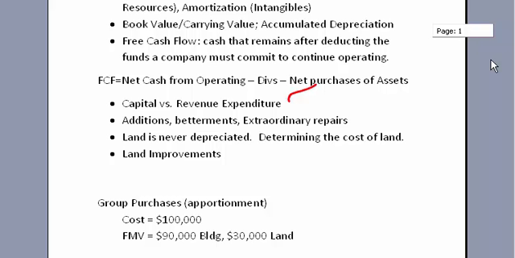So we're going to put a building onto our books. We're going to capitalize it, meaning we put it on the books as an asset and then depreciate it over time. If we get a telephone bill, that's a revenue expenditure because we're just going to record it as telephone expense in the current time period.